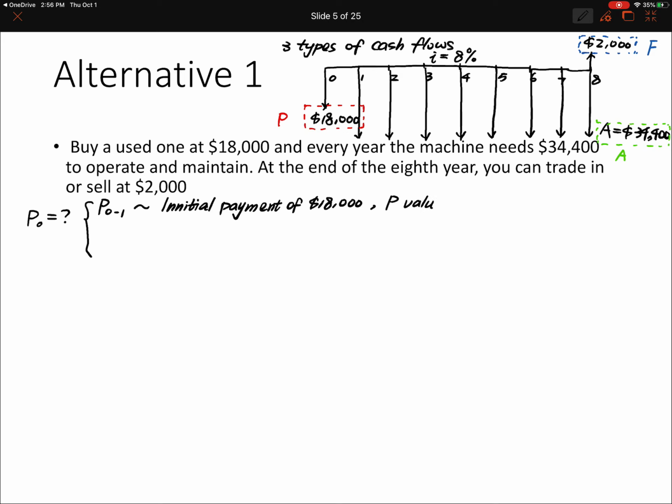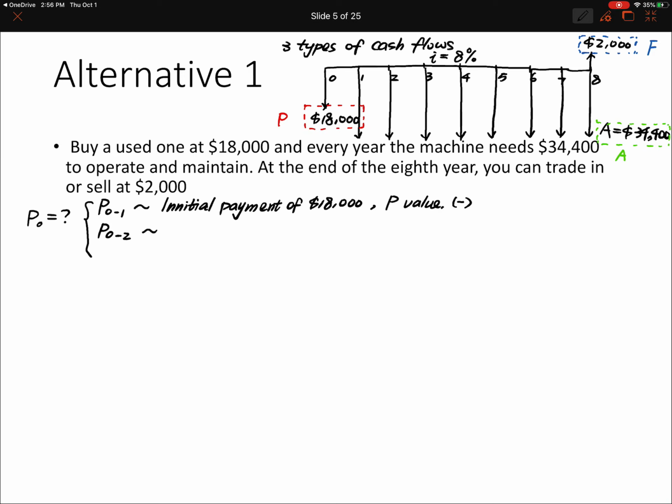And it is a type of p-value. And also we said it is a negative value because it's a cost. And this negative doesn't mean it's a value lower than 0. It only means it's a cost, money going out, okay, compared to the receiving.